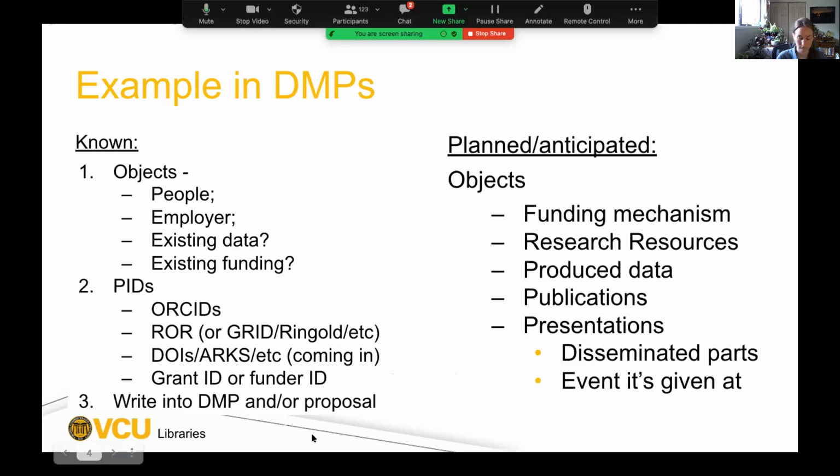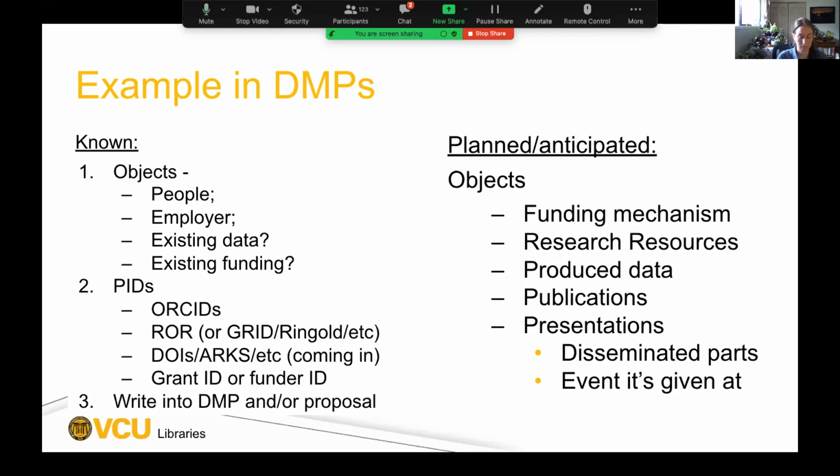In DMPs, that's still sort of growing a bit. And so things that we know when we're writing a DMP, hopefully, we hope we know it at least, is the people that are involved in the data collection, the research that the DMP is planning, the employer those people work for, any existing data that is going into the project, such as maybe benchmarking data or comparative data that we've licensed to use, and the funding either that exists or maybe that's being applied for.